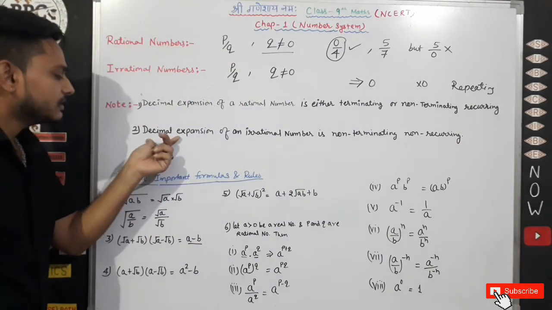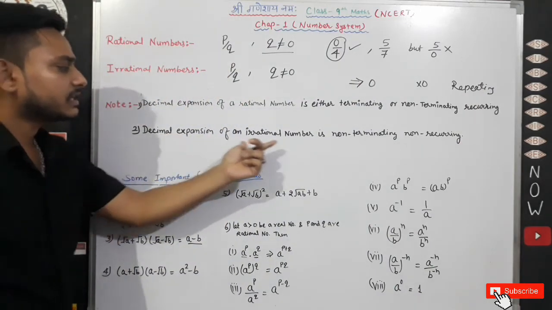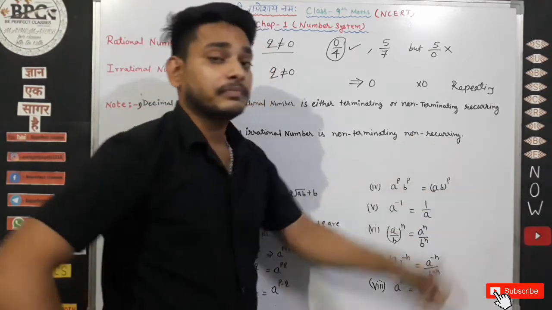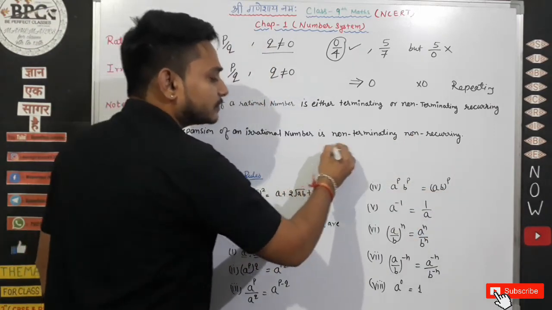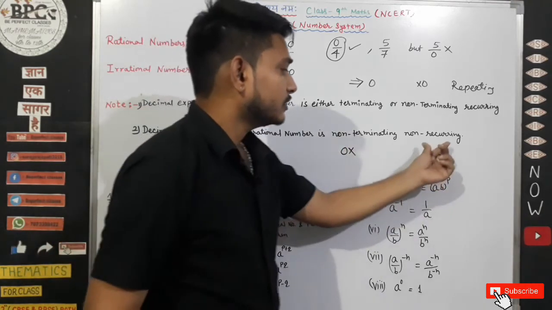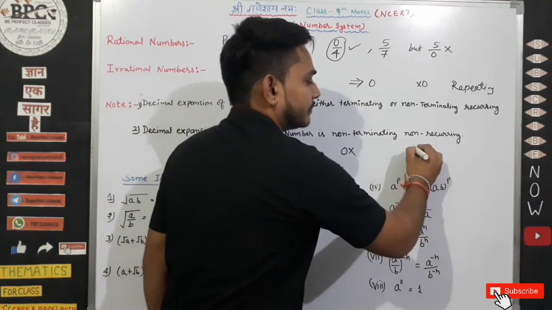And the second point is the decimal expansion of an irrational number is non-terminating, non-recurring. Non-terminating means not equal to 0 and non-recurring means not repeated.